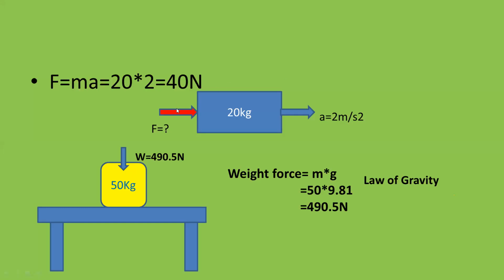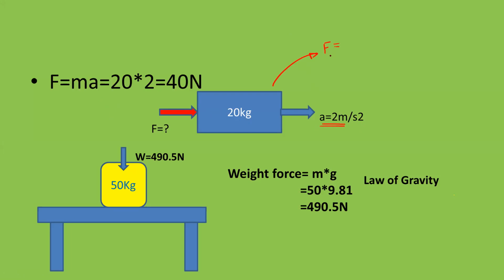So this is the example where one object is given having the mass 20 kg, and it is observed that its acceleration is 2 meter per second square. So it is under motion with the acceleration 2 meter per second square. Suppose we want to find out the force value.